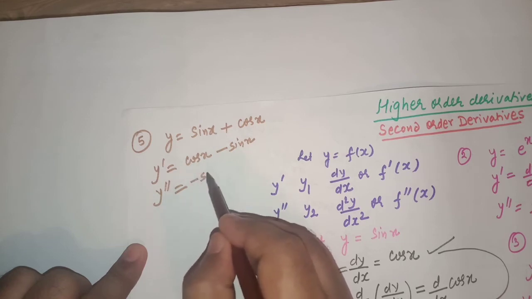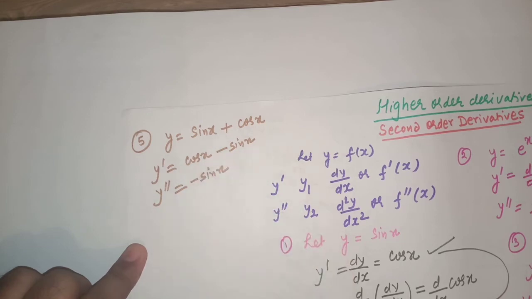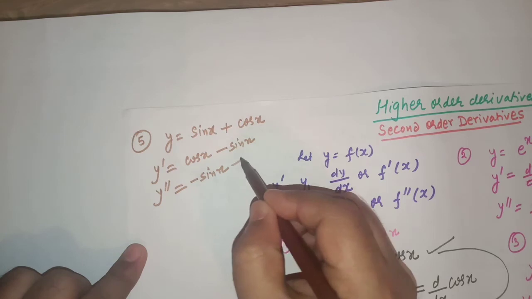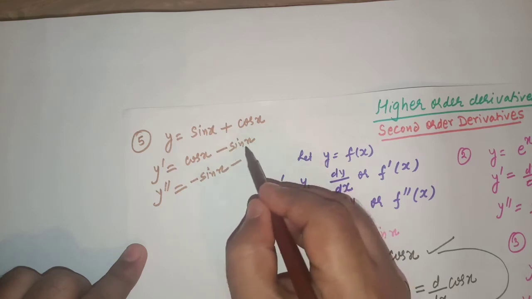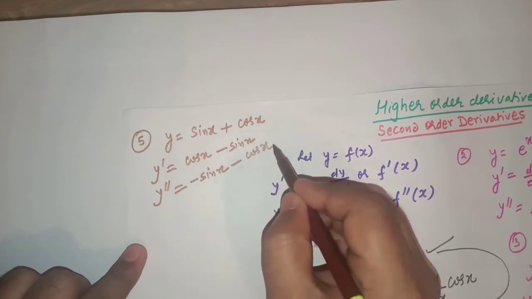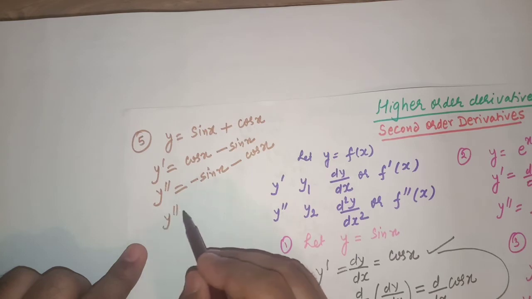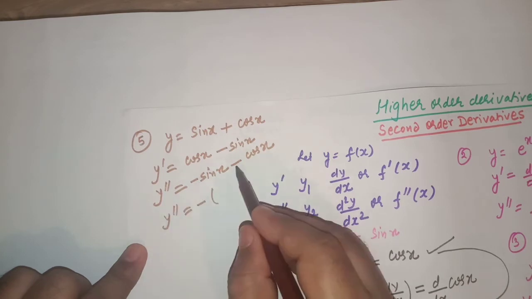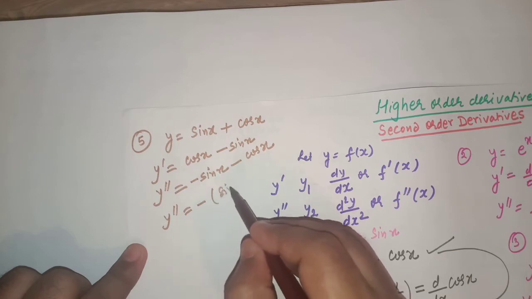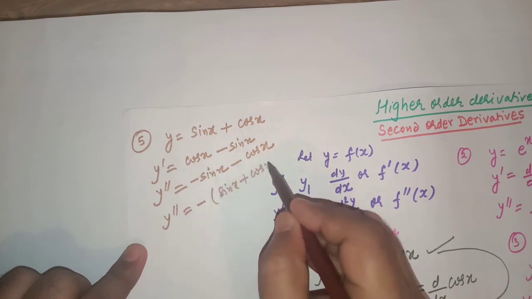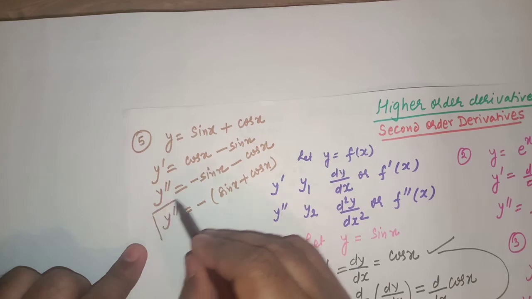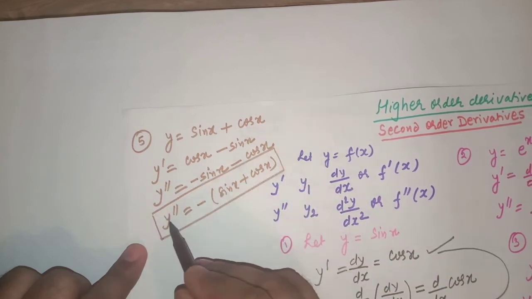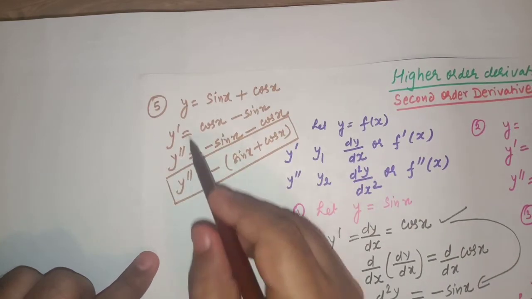It is minus sin x. Clear? And minus the derivative of sin x is minus cos x. So we have y double prime equal to minus, we take the negative sign outside, and we have sin x plus cos x. So this is the second order derivative of y.